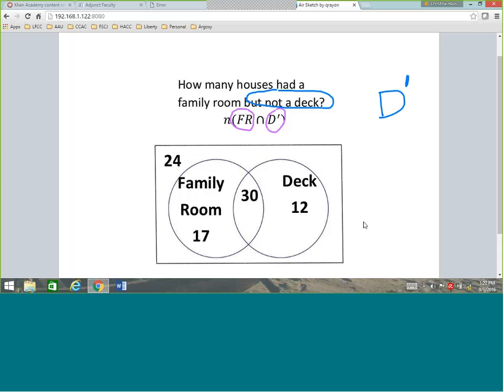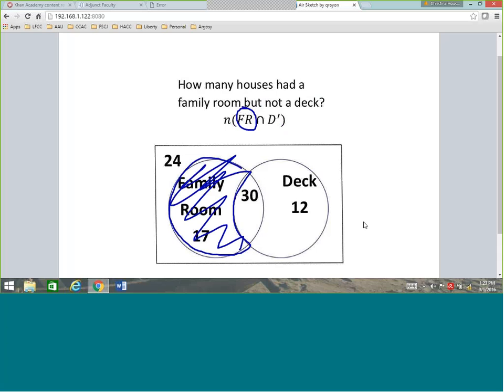So what this upside down U symbol is saying is what region will overlap the family room circle with what's not in the deck circle. So this is saying look inside the family room circle and outside the deck circle, which is what we just did right here.